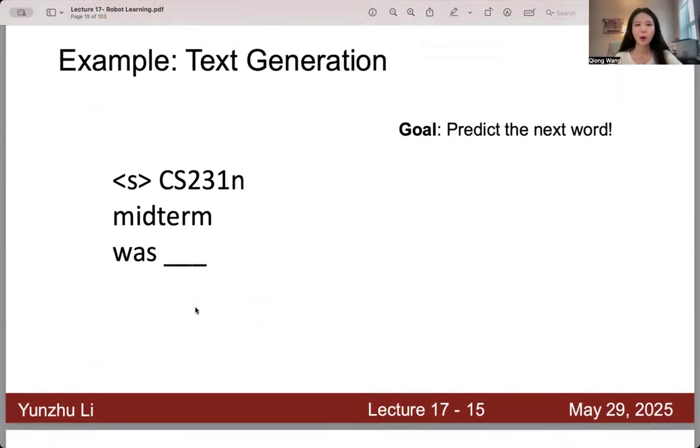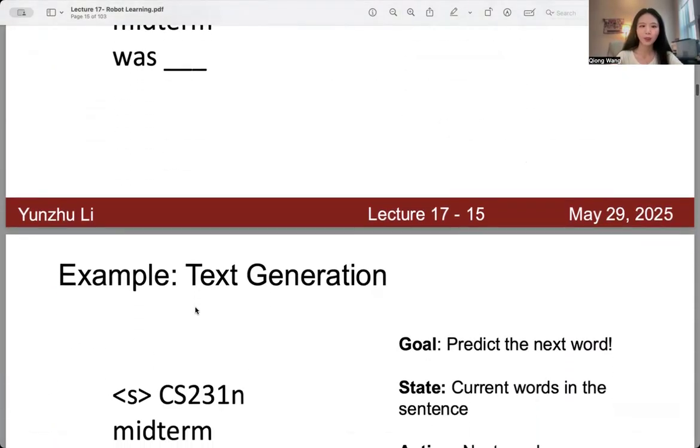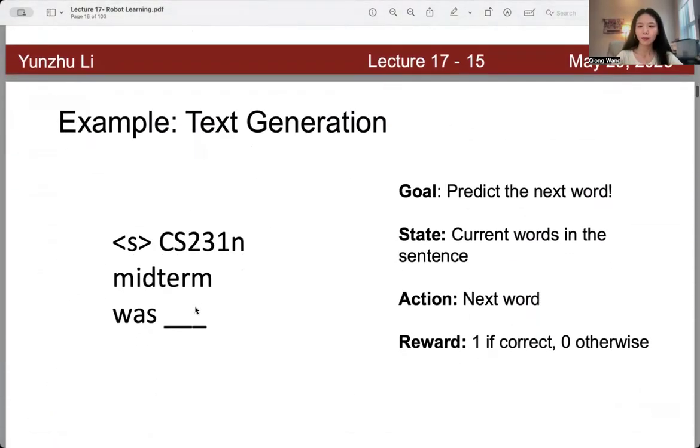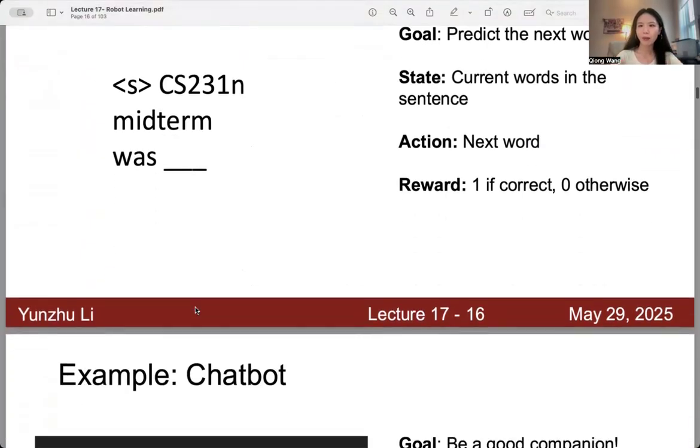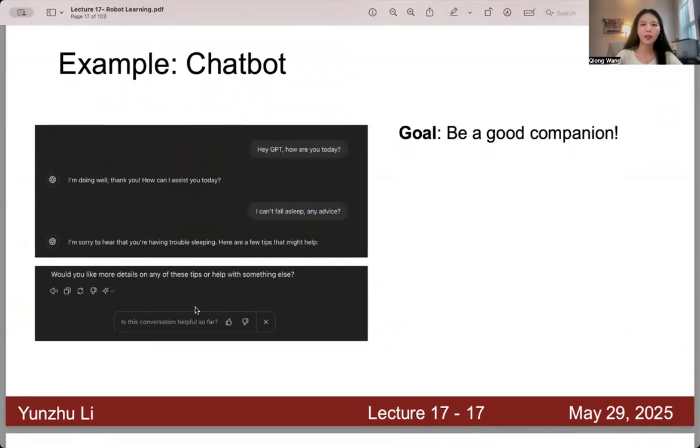And another example is text generation, where the goal is to predict the next word, and the reward is 1 if correct and 0 otherwise. Another example is a chatbot.